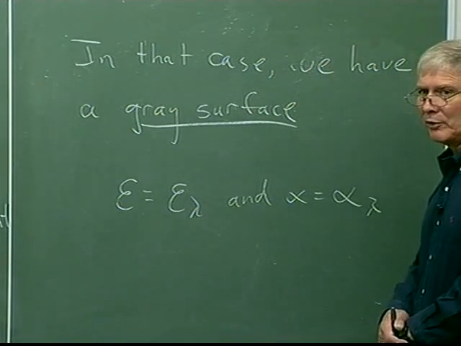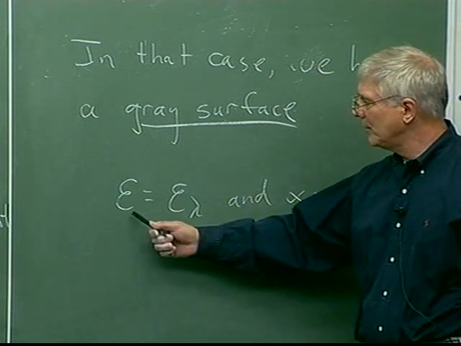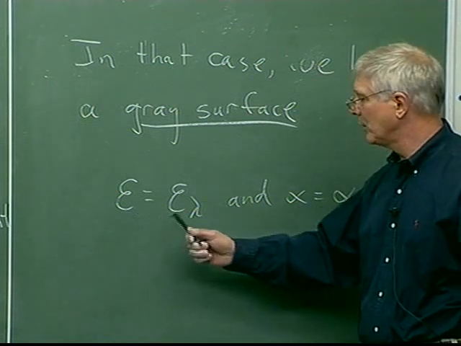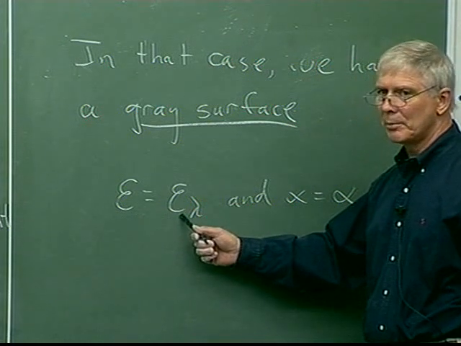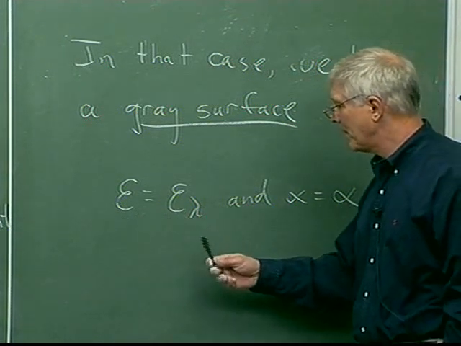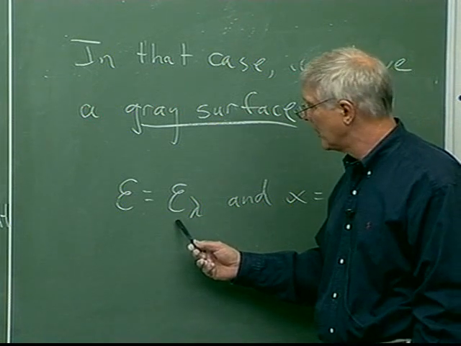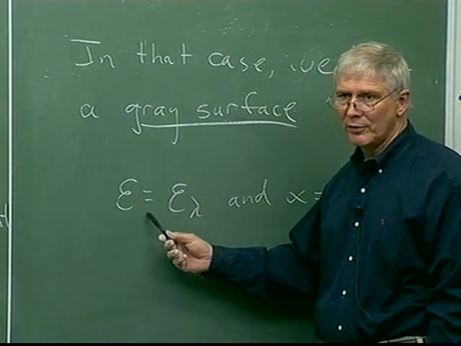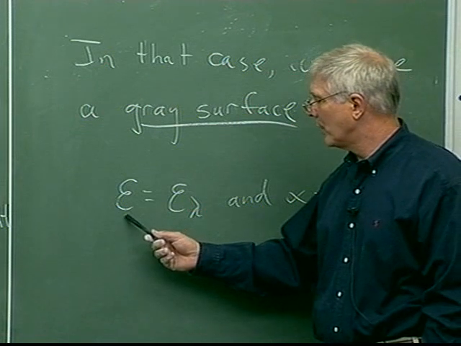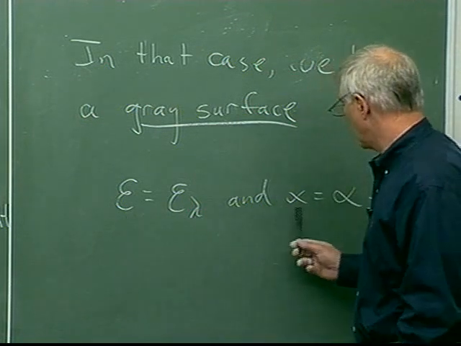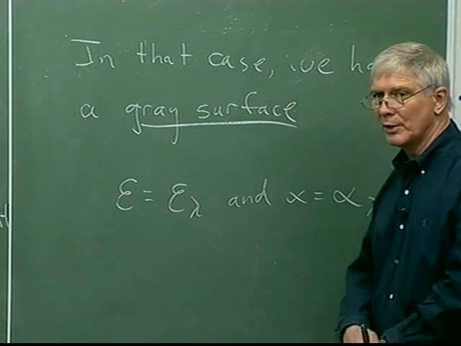If we assume a gray surface, then we can say that the emissivity at any wavelength is equal to that of the emissivity at a particular wavelength. So we may be able to look up the emissivity at, say, 700 nanometers, and we can assume that the emissivity over all wavelengths is the same. And we can do the same thing for the absorptivity.